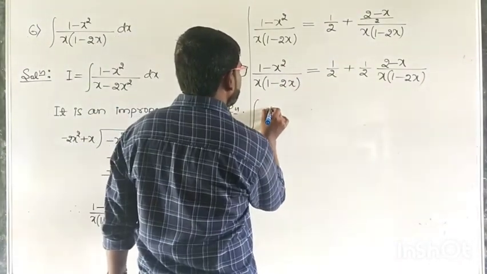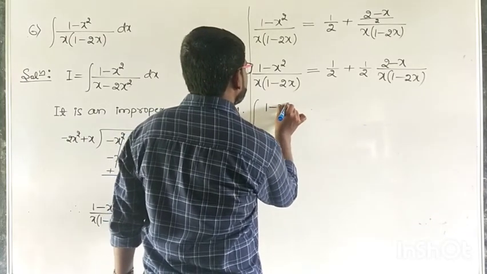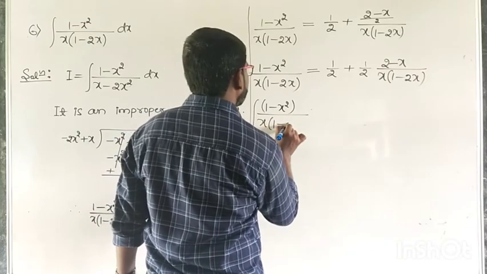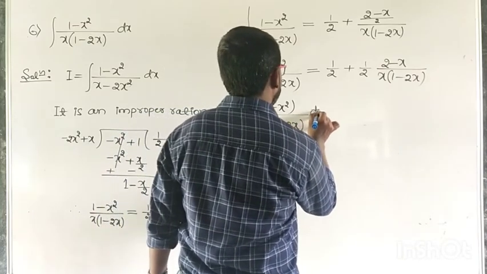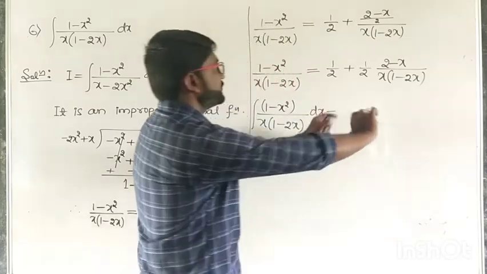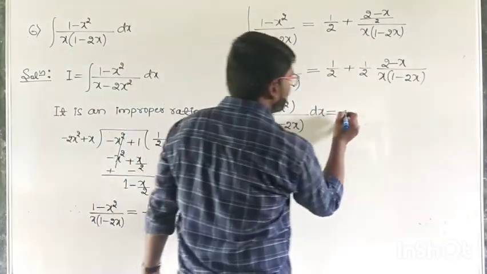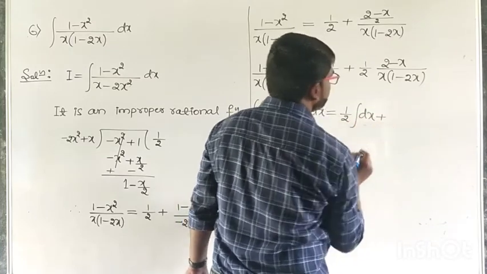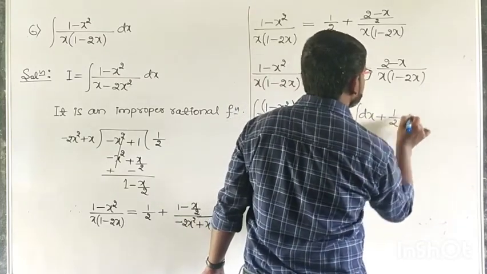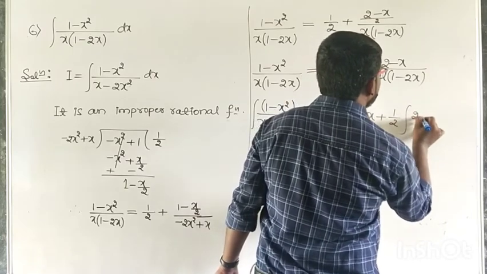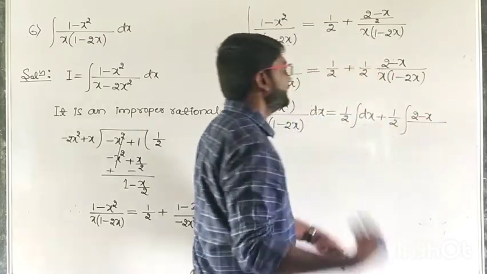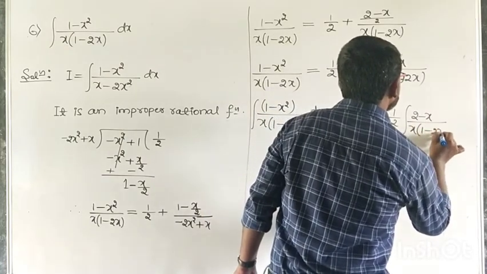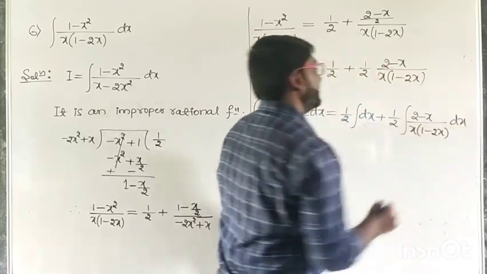So the integral of (1 minus x square) divided by x into (1 minus 2x) dx is equal to 1 by 2, a constant, times the integral of dx, plus again 1 by 2 as a constant times the integral of (2 minus x) divided by x into (1 minus 2x) dx.